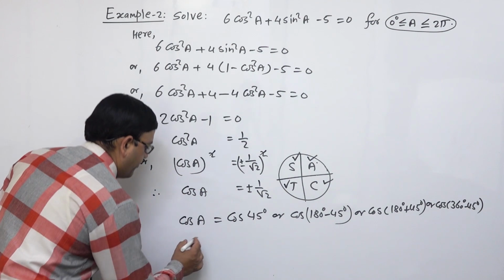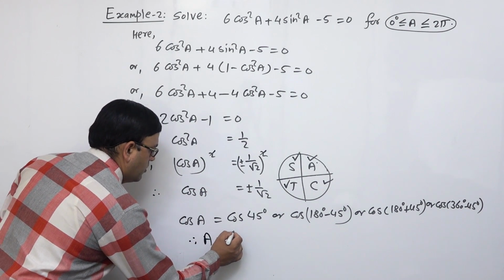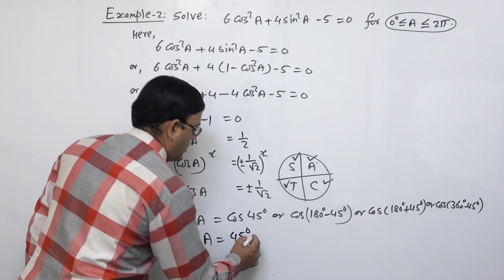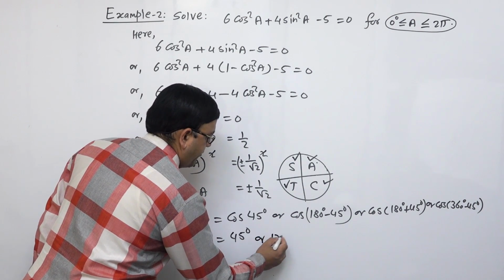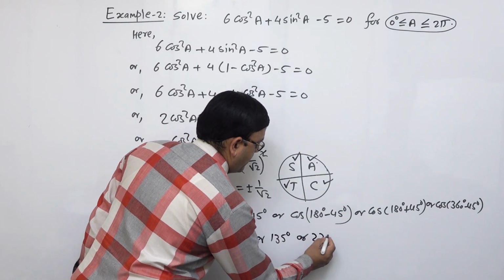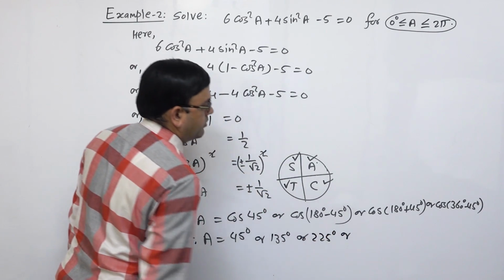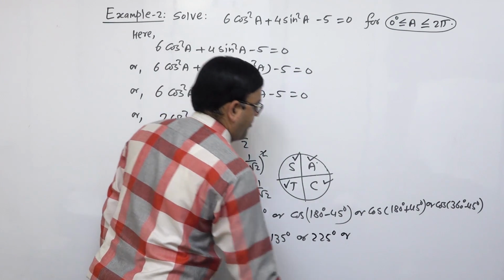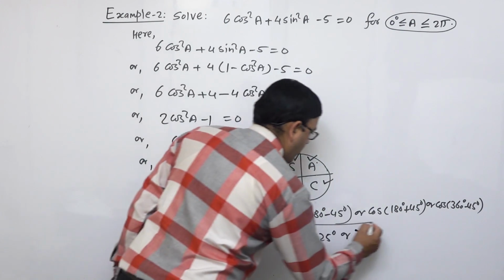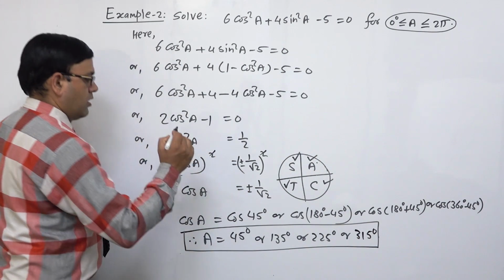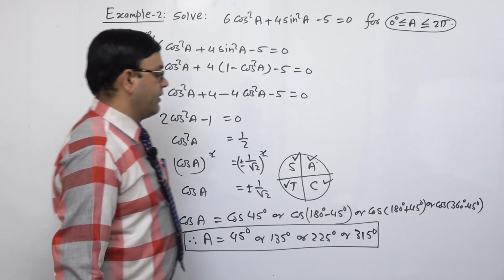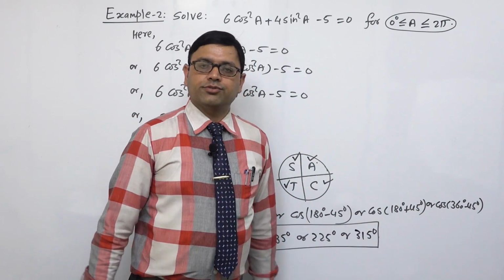So therefore we can write a is equal to 45 degree, or 135 degree, or 225 degree, or 315 degree. And this is the required solution of this question. Students, I think you don't have any confusion in this question.